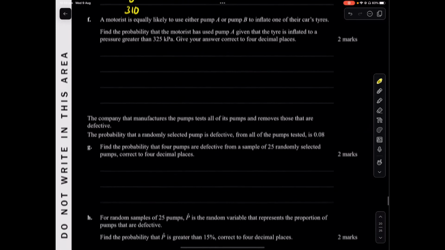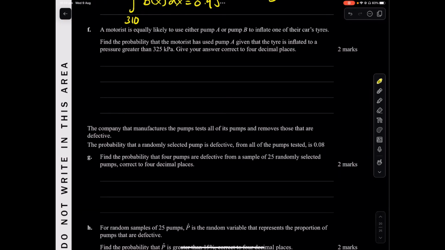A motorist is equally likely to use either pump A or pump B to inflate one of their car's tires.